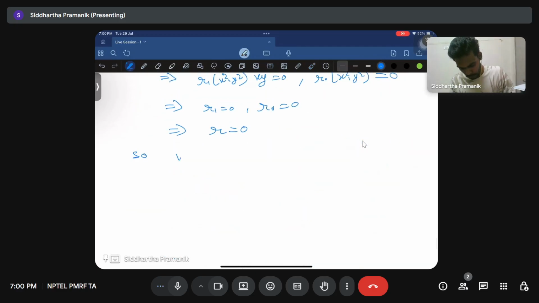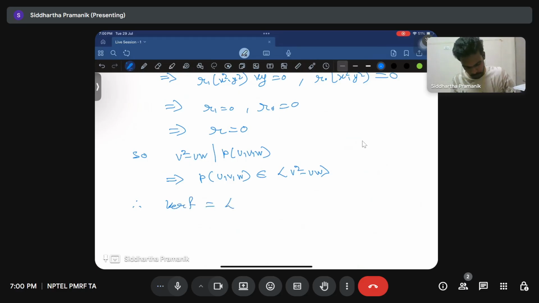So v square minus uw divides p(u, v, w). So that will imply p(u, v, w) belongs to the ideal generated by v square minus uw. So our kernel is equal to the ideal generated by v square minus uw.